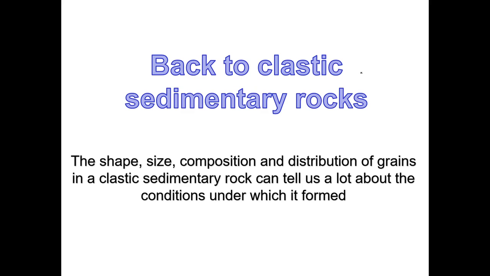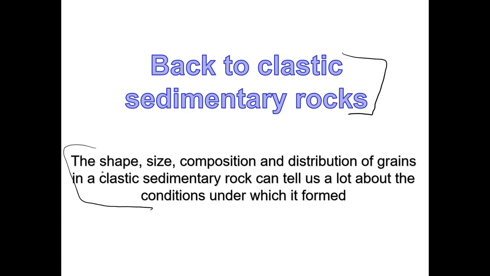So just to go back, I'm going to end this final section taking a closer look at clastic sedimentary rocks. There's a lot that we can learn from looking very closely at the individual clasts that make up a clastic sedimentary rock. So looking at those individual grains and looking at their texture.